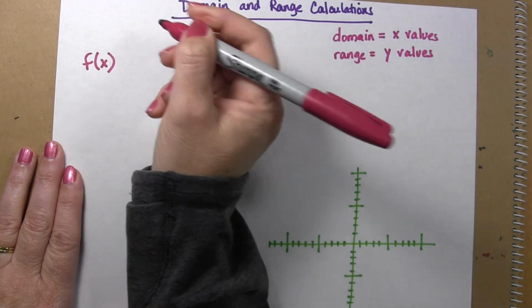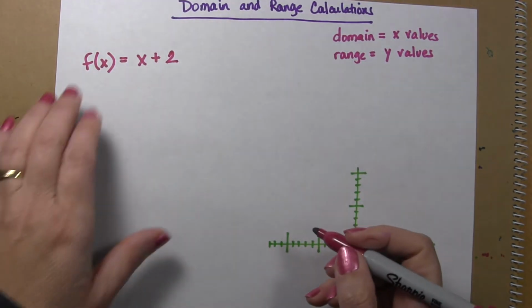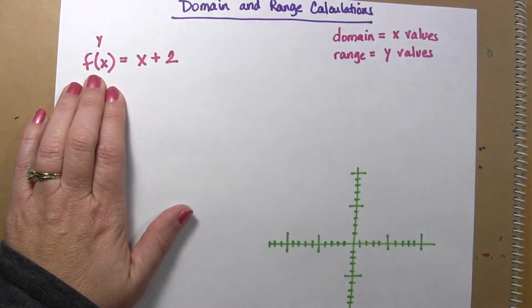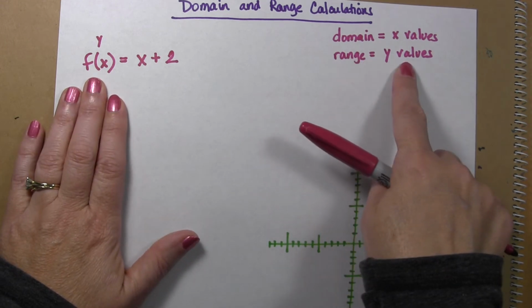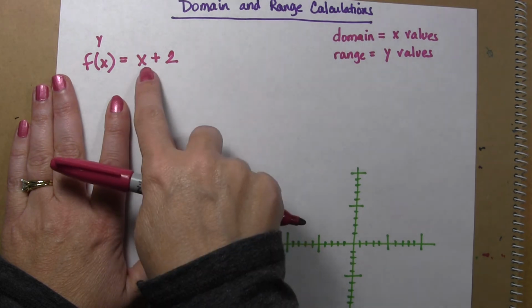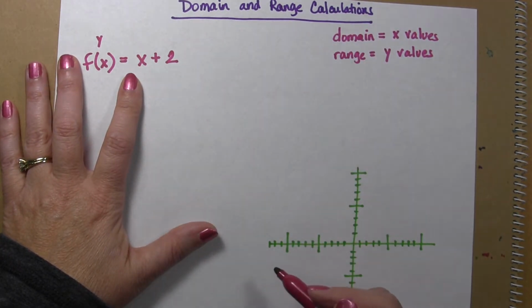We'll have f of x equals x plus 2. Now, you know that f of x is the name of our function, and that's really just talking about our y value. So when we're talking about the range, we're talking about the y values, and we're talking about this, f of x. When we're talking about x, that's our x value, and that is dealing with the domain.